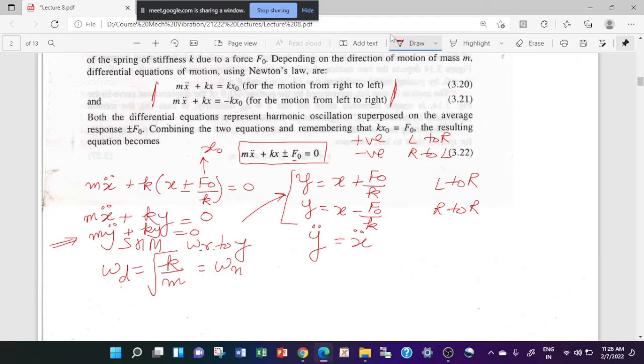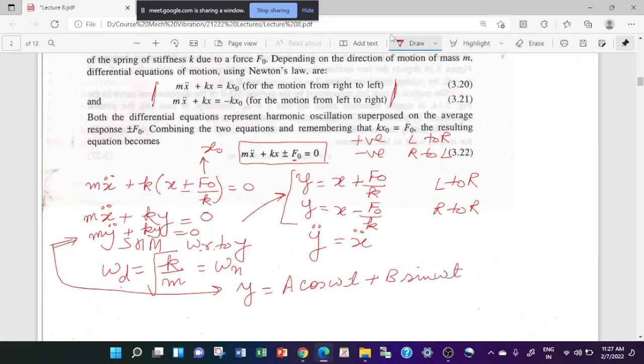Now this equation will be having a solution y is equal to a cos omega t plus b sin omega t.